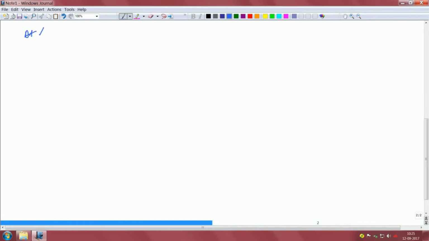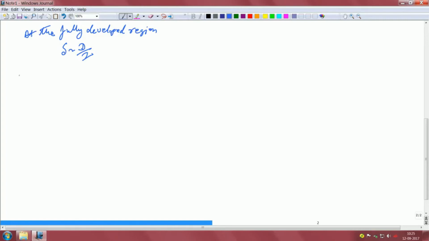So, at the fully developed region, you know that your delta will scale as d by 2, right. It has to scale as d by 2.